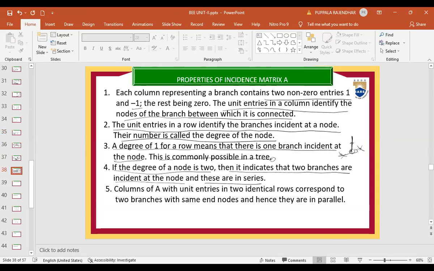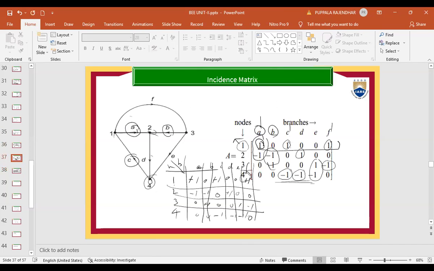Now, columns of A with unit entries in 2 identical rows correspond to 2 branches with the same end nodes, and hence they are in parallel.